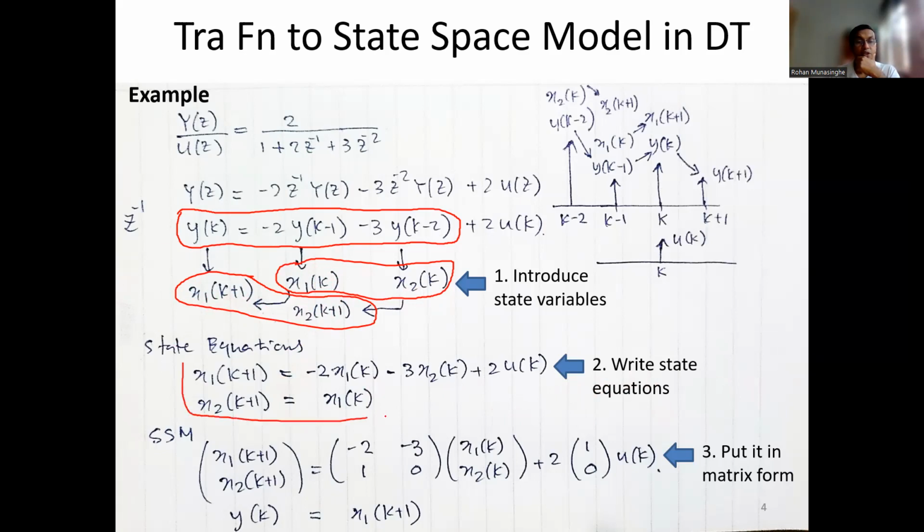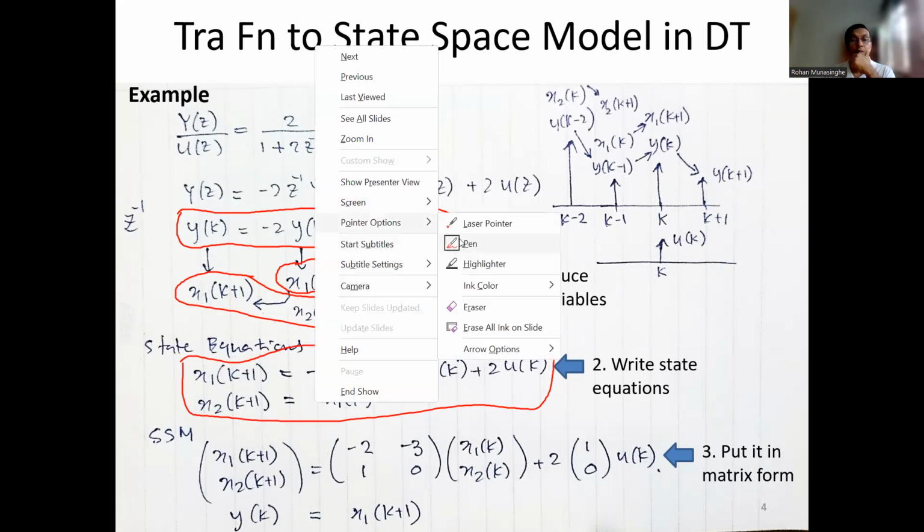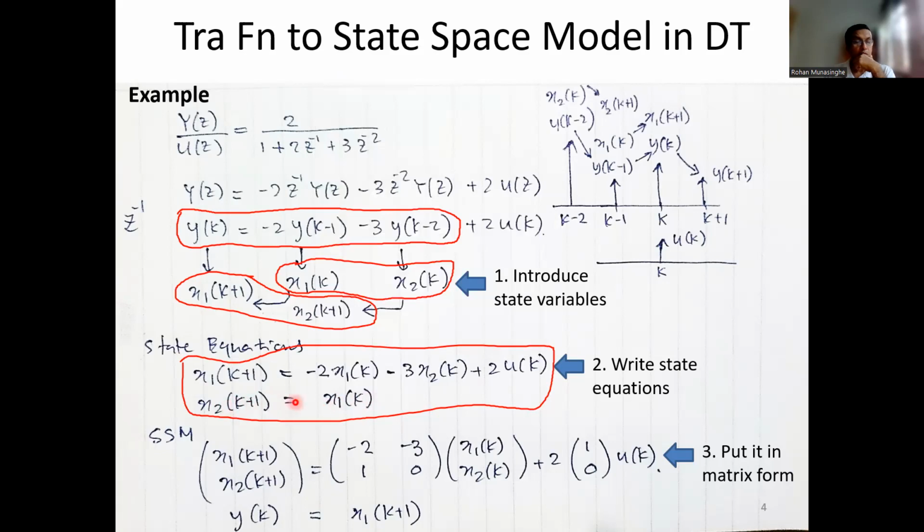You can see it over here, right? 2 state equations. If you look at the second state equation over here, this one, which is very obvious, x2 k plus 1 is equal to x1 k, right? This is the way we have assigned state variables in the first place, but it is a state equation.